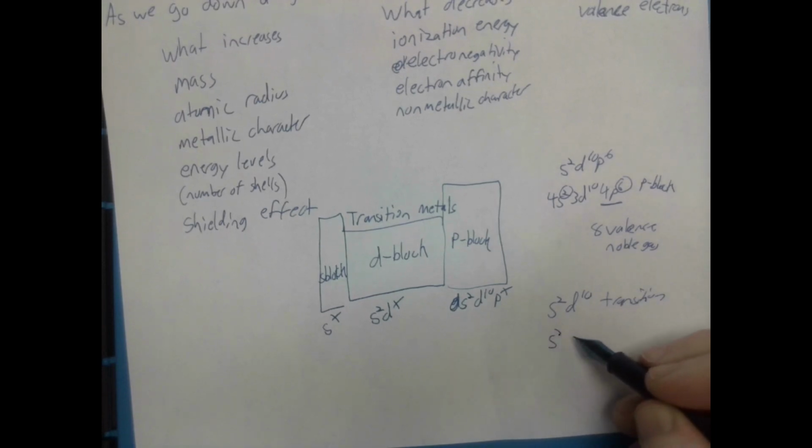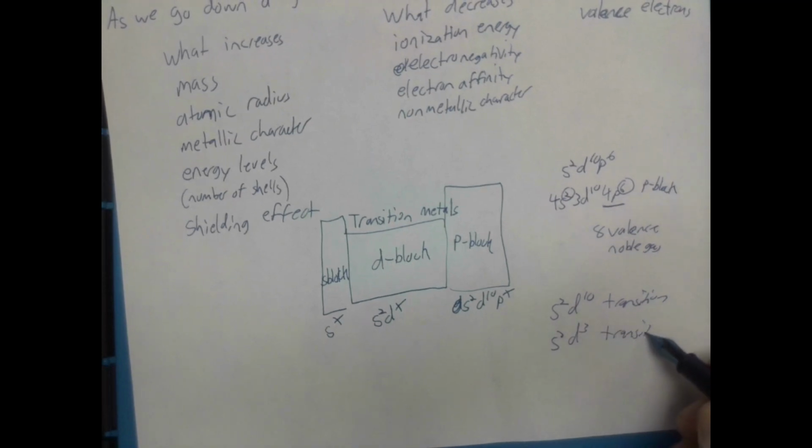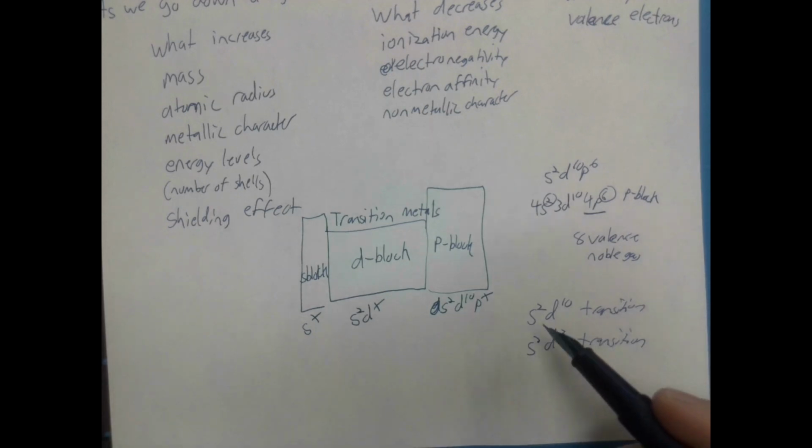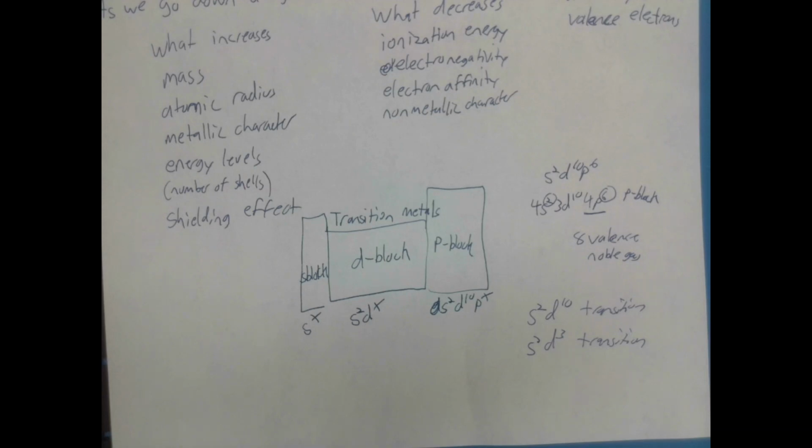If you see S2D3, that's also transition, if you don't see any P. On the test, there are some configurations like this. Again, we've already covered electron configuration. It's not too much.